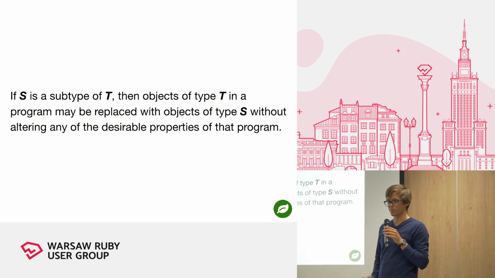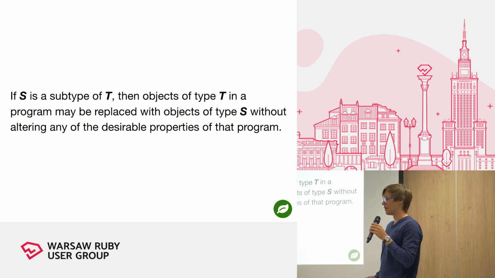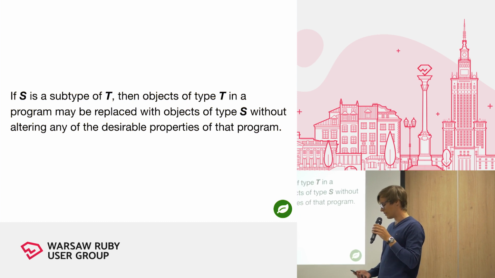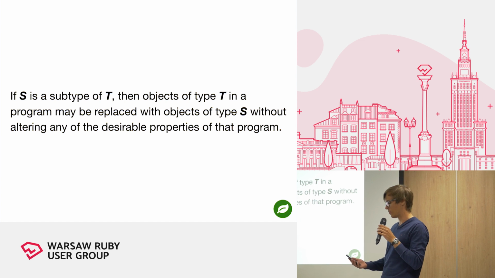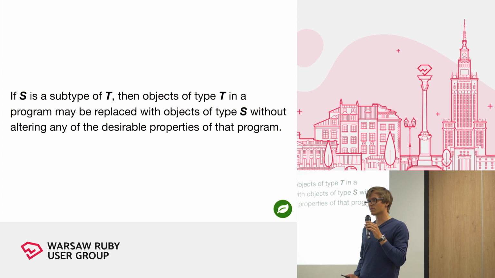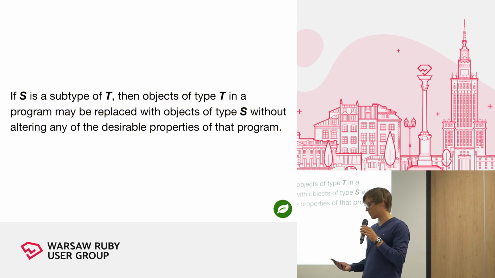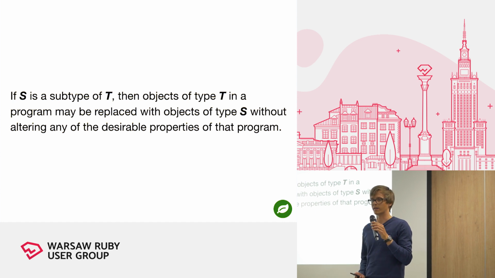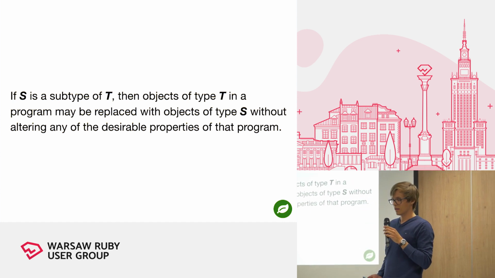And this has several implications on the method signatures that we use. So, what's the method signature? This is all the arguments the method receives, all the return values the method can return, and all the exception types it can raise.